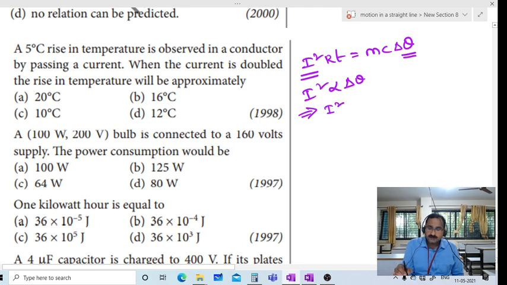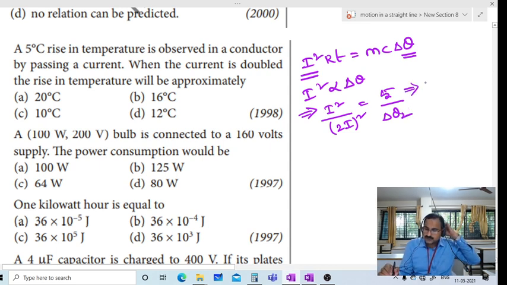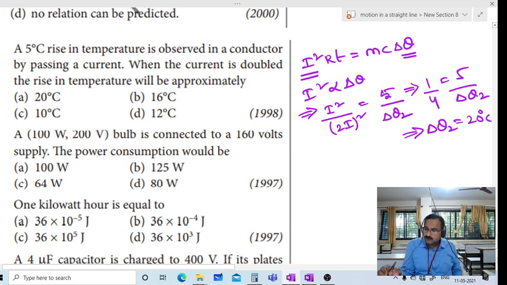I square divided by 2I square, in the second case, is equal to delta theta 1, given as 5, divided by delta theta 2. Therefore 1 by 4 equals 5 divided by delta theta 2. So delta theta 2 is equal to 20 degrees Celsius.